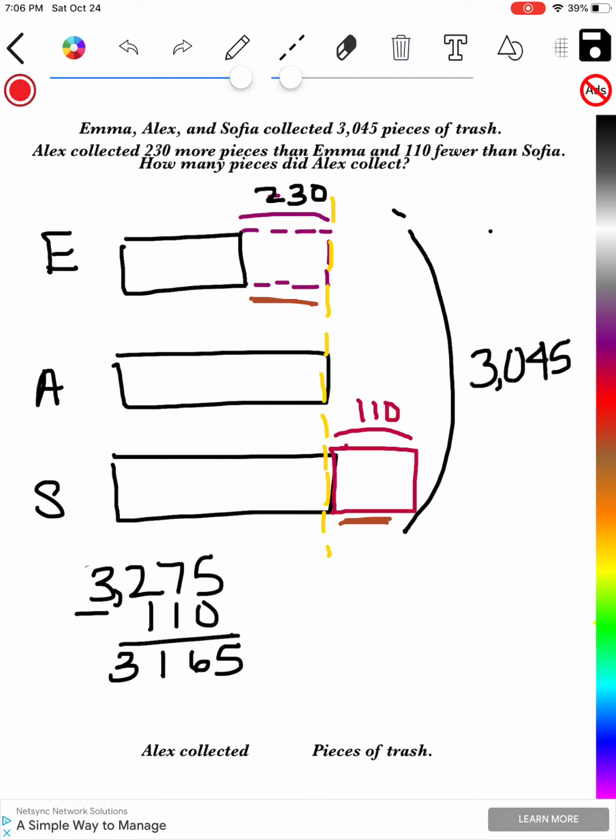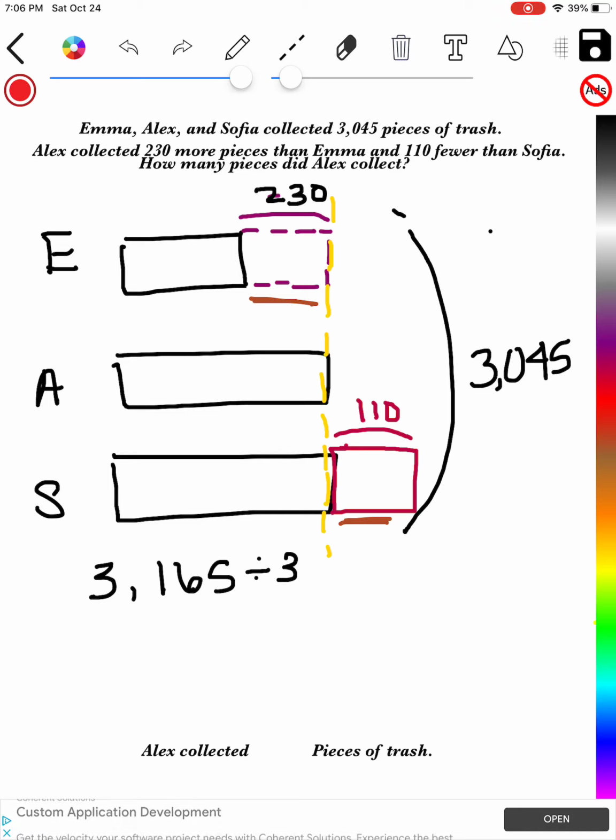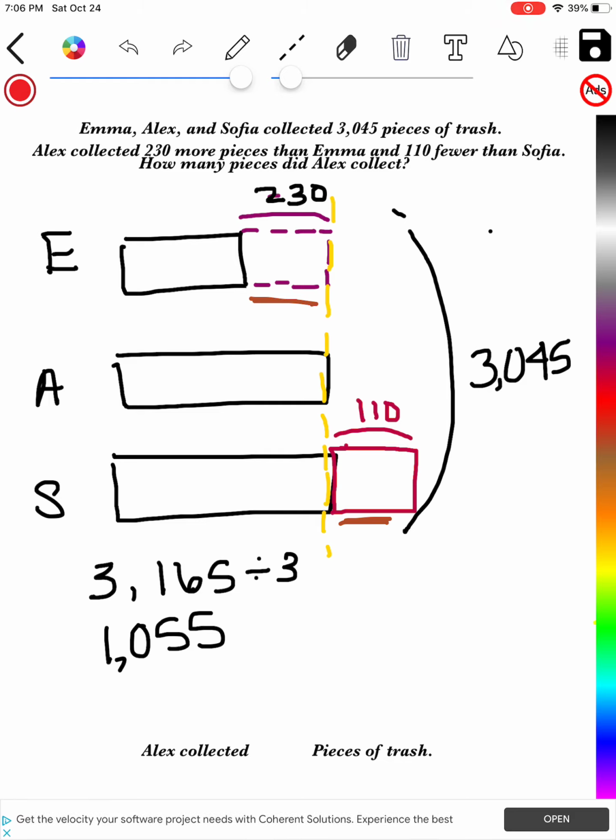And if I take 3,165 and I divide by 3, the answer ends up being 1,055. So I know already that Alex's bar goes exactly up to my threshold, which means he has exactly 1,055 pieces of trash that he's collected.